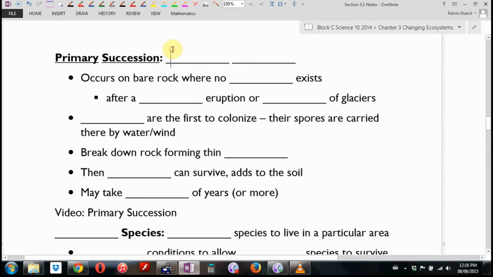Primary succession, bare rock. Specifically, it occurs on bare rock where no soil exists. If there's no soil, what else does that mean can't exist?